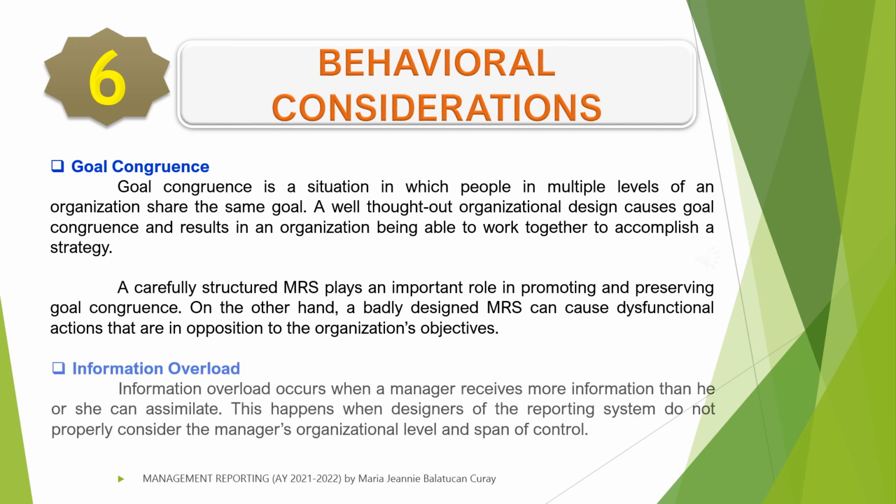For information overload, this occurs when a manager receives more information than he or she can assimilate. This happens when designers of the reporting system do not properly consider the manager's organizational level and span of control. For example, the information volume that would flow to the president, if the reports were not properly summarized, would be so detailed, and those details should have been provided to the lower level managers.